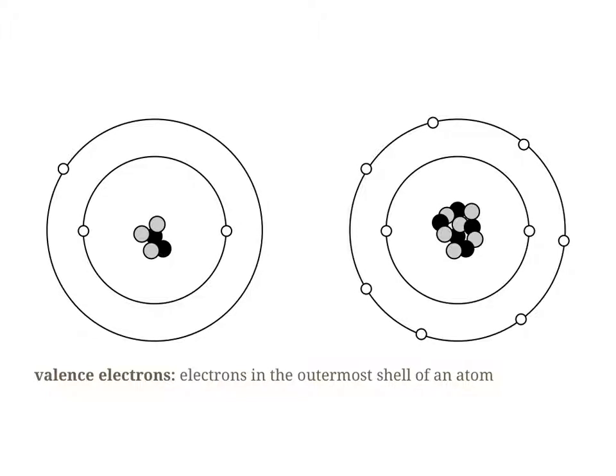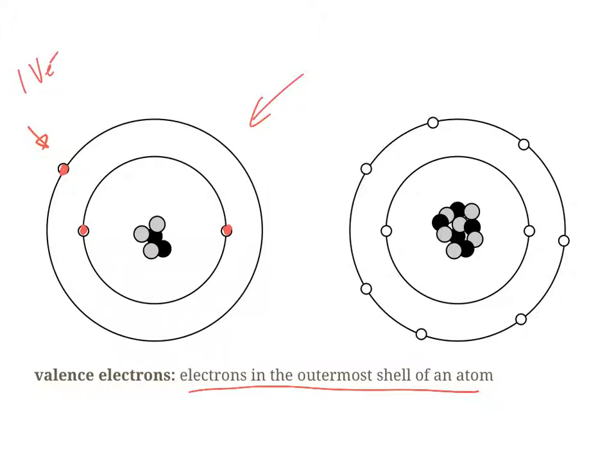A valence electron is an electron in the outermost energy level, or the outermost shell, of an atom. Here I have an atom that has 3 total electrons, but there's only one electron in the outermost energy level, so this one will have one valence electron.